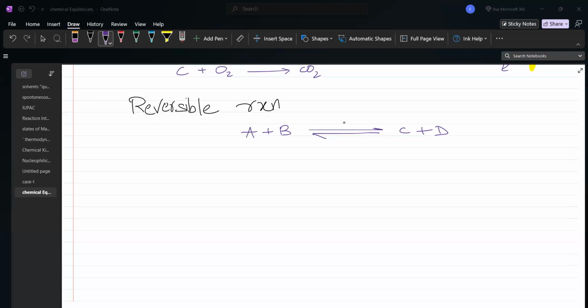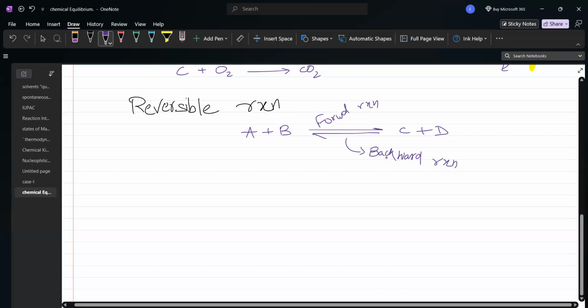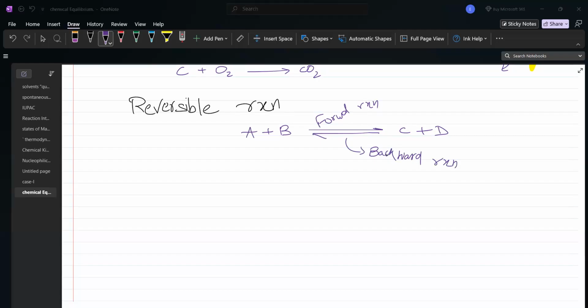This is a forward reaction. This is a backward reaction. So what is happening?